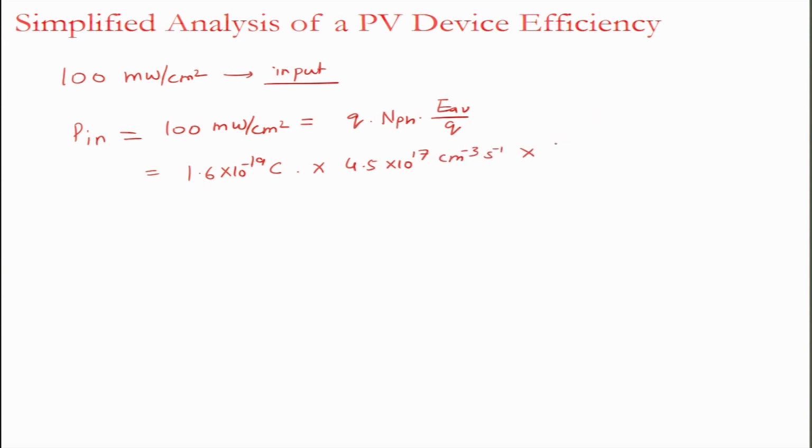This is the photon flux, and this is 1.382 volt, okay, the average energy. So, essentially this can now be equated with 72 milliamps per centimeter square into 1.382 volt, okay.